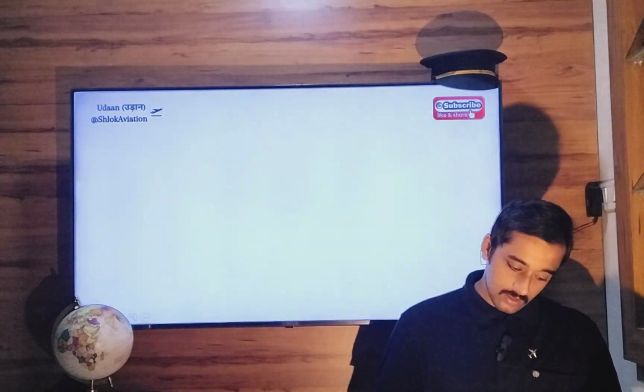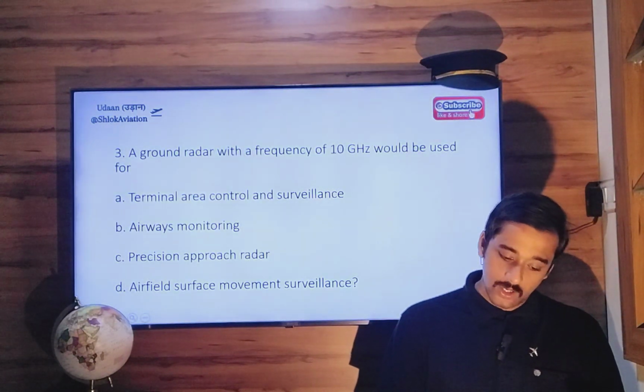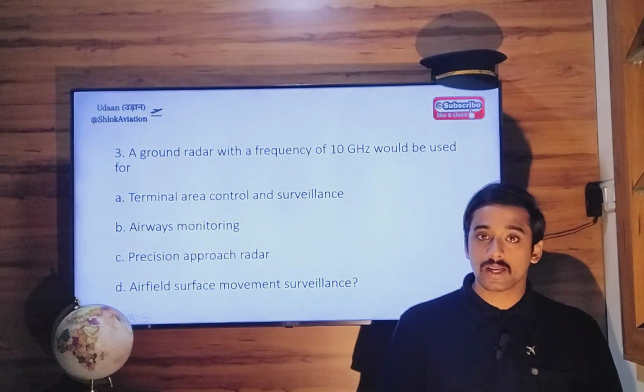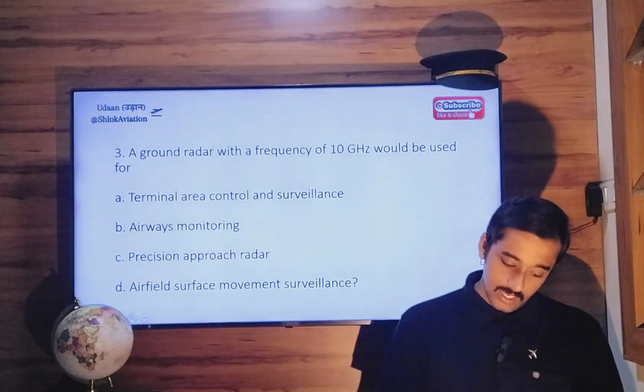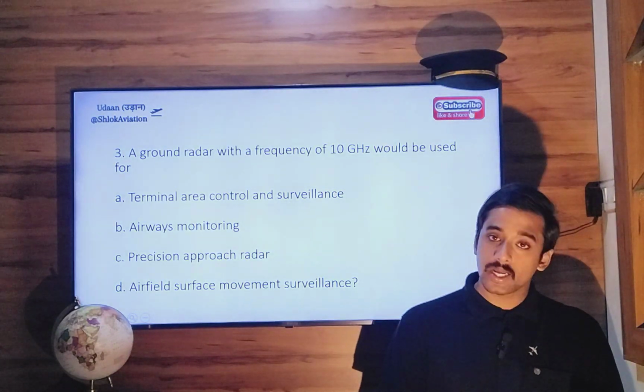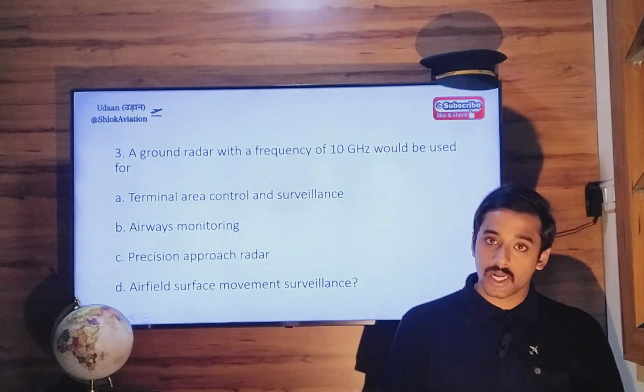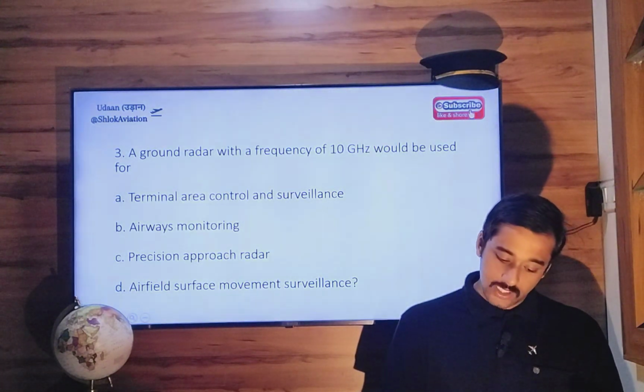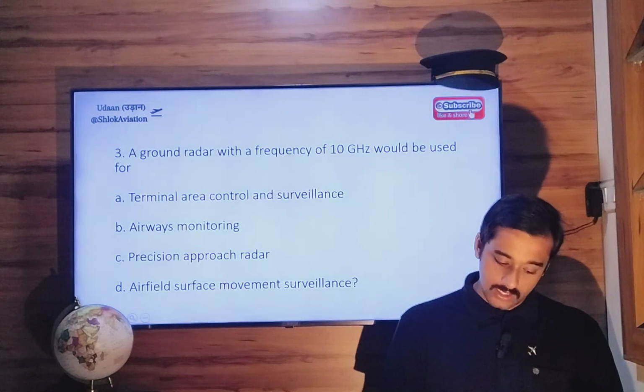Next, a ground radar with a frequency of 10 gigahertz would be used for what kind of equipment? Terminal area control and surveillance, airways monitoring, precision approach radar, or airfield surface movement surveillance.